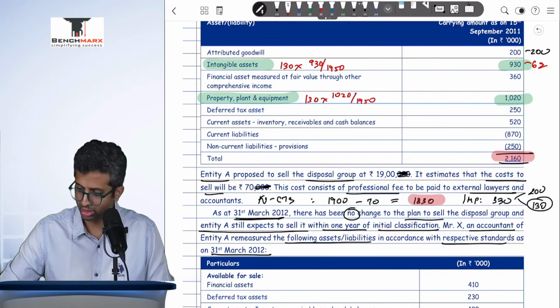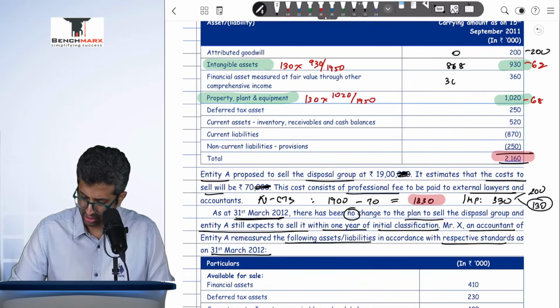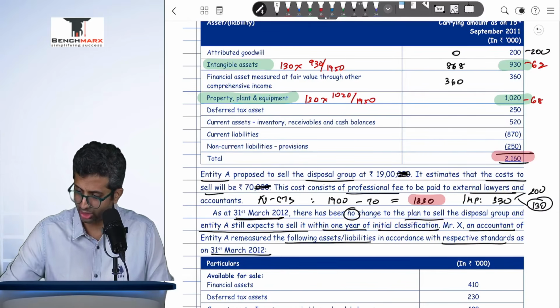So this is 130 into 1020 upon 1950. So this is 68. Okay, and after that you can see your goodwill becomes 0. Intangibles become what? I think 868. This is 360. This is 1020 minus 68.